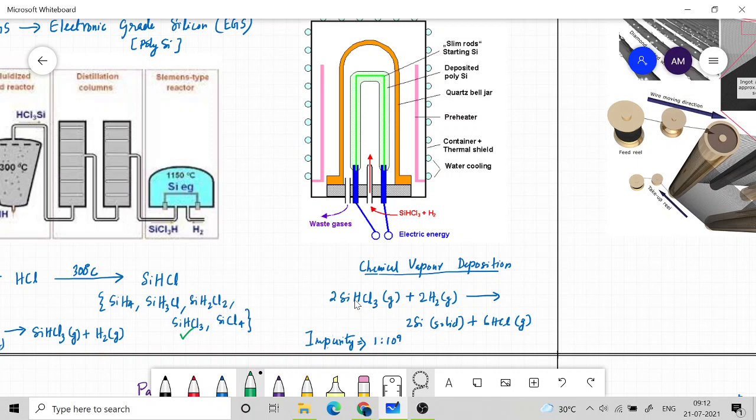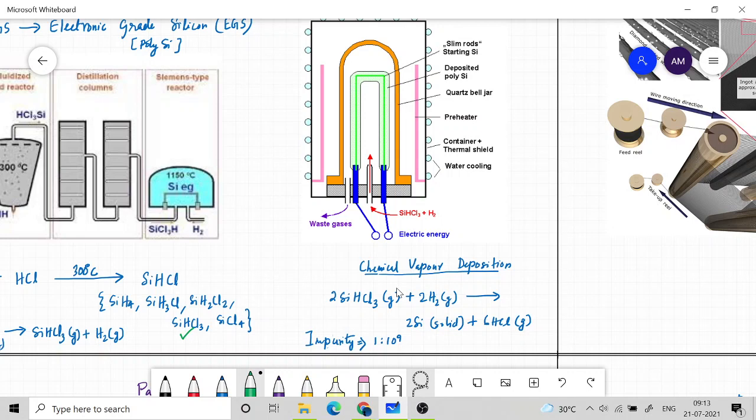So the two gases are coming, and then they react, and when the silicon is formed, that will get attached to this, or you can say that it will get deposited. That's the correct word to use. And this process is called chemical vapor deposition. Basically, two gases are reacting and forming a solid.